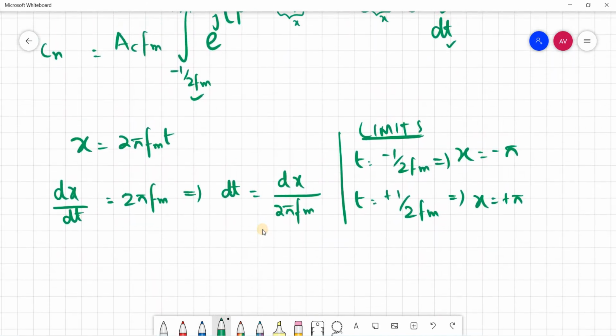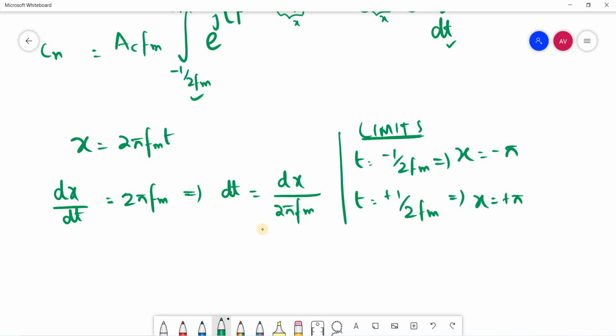So we rewrite this. Now Cn is equal to, anyhow, this dt will be nothing but dx by 2 pi fm. This 2 pi fm, being constant, I can take out of the integral. So I'll write it as AC fm divided by 2 pi fm times the integral.